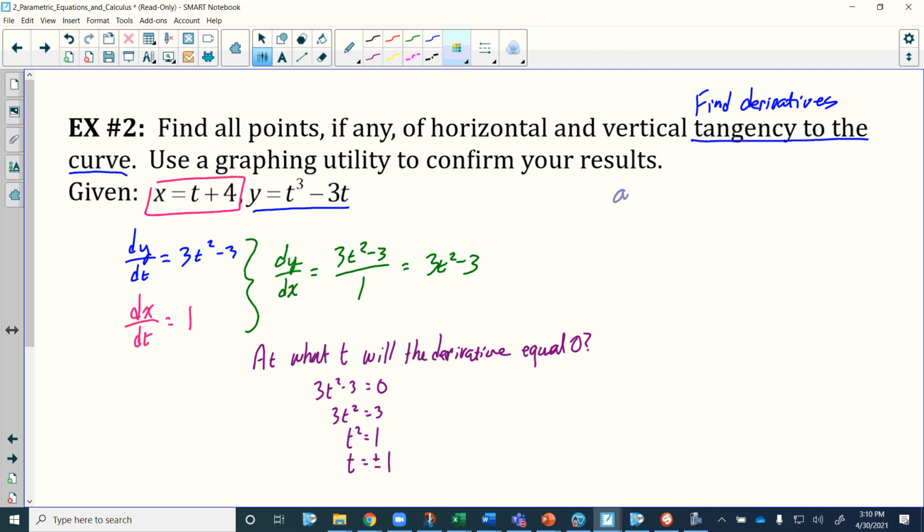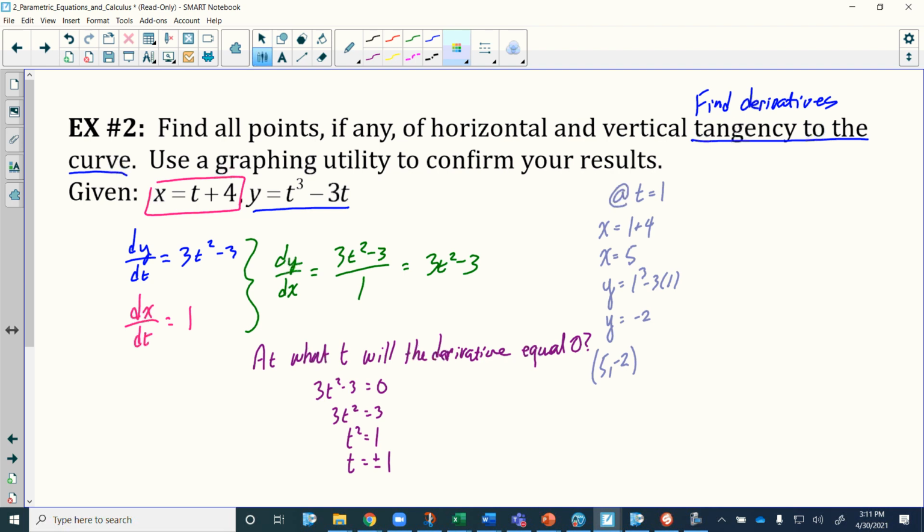So at t equals positive 1, x would be equal to 1 plus 4, so I have an x value of 5. y is equal to 1 cubed minus 3 times 1, so 1 minus 3 says that the y value here will be negative 2. So I have a point here at (5, -2).